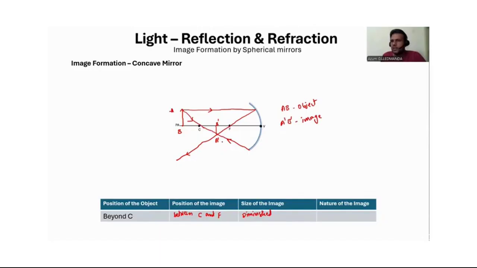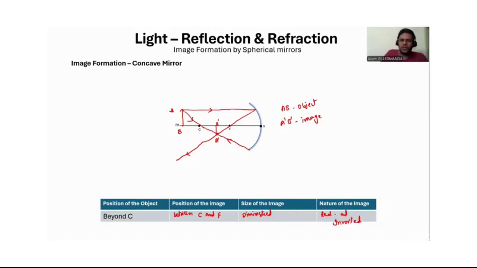It is slightly smaller than the original object. And what is the nature of the image? It is forming on the same side of the mirror, so it is a real and inverted image.